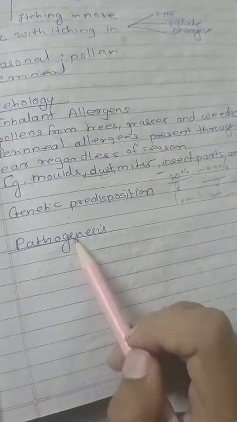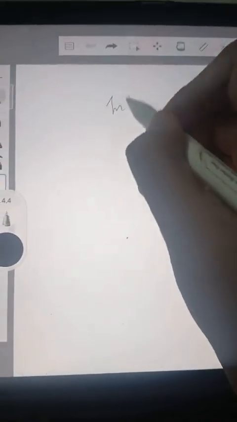Now we'll talk about the pathogenesis. The inhaled allergen will produce a specific IgE antibody. This IgE antibody has a region known as the Fc region.